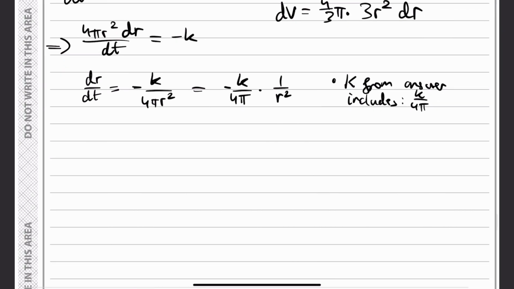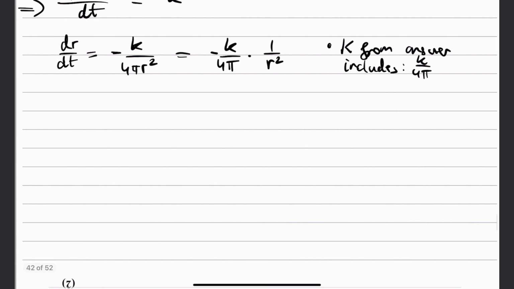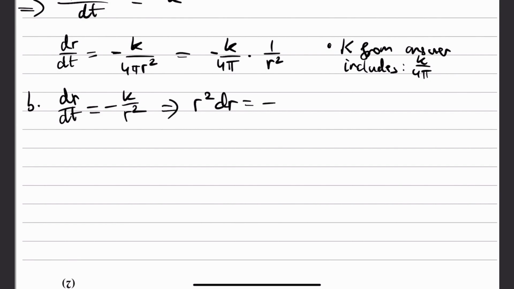Okay, let's solve this differential equation then. So we have our differential equation. Part B, dr by dt is just going to be negative k over r squared. So if we move everything over, we've got r squared dr is equal to negative k dt.